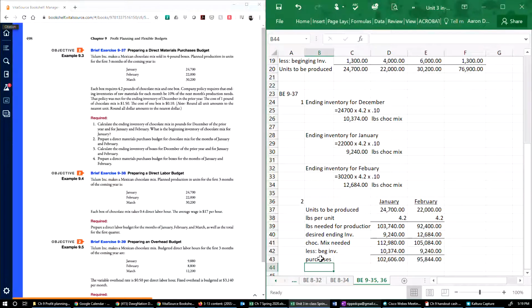Now we can use the first dollar figure, really the only dollar figure given, purchase price per pound.